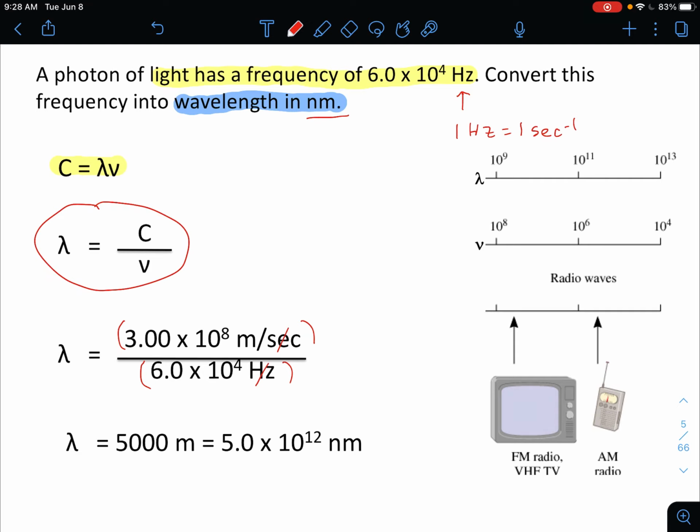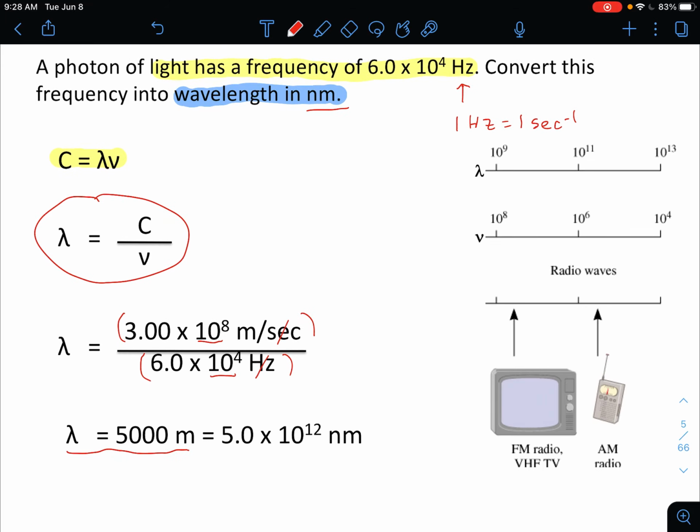All that really does is make sure the calculator knows the exponents belong with the particular value. Otherwise, it may get confused in terms of where to place it. So once we're here, where we're going to be doing a lot of scientific notation calculations, definitely use parentheses. When we do this calculation, we end up with a value in meters, right? That's the unit that doesn't cancel out. So we end up with 5,000 meters.